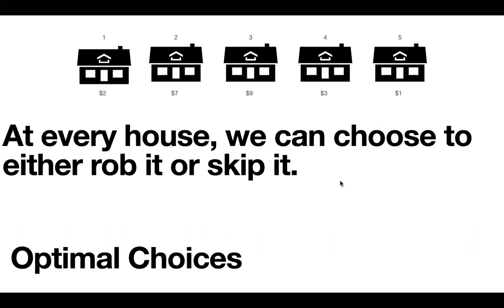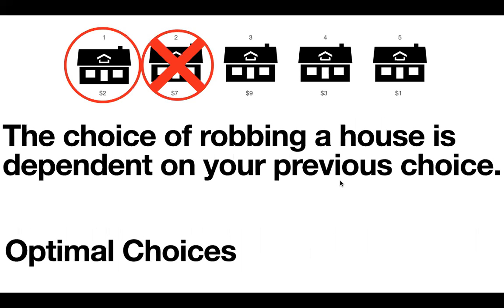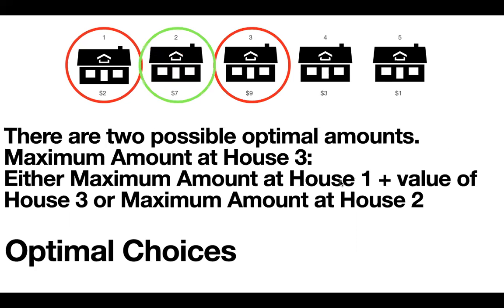So at every house, we can choose to either rob it or skip it. Those are the only two cases when we get to each point. And those cases are dependent on previous choices, which is to say that if you're at a point and you have to choose it, you cannot choose it if you've robbed the house before because of the adjacent houses restriction. So there are two possible ways to get an amount of money robbed at house 3.